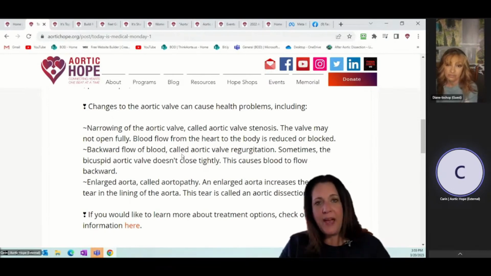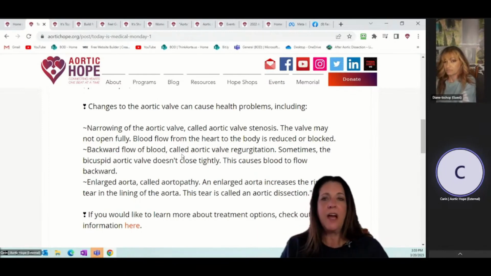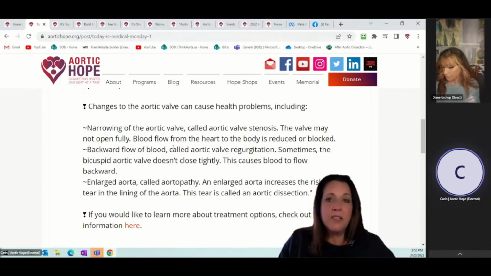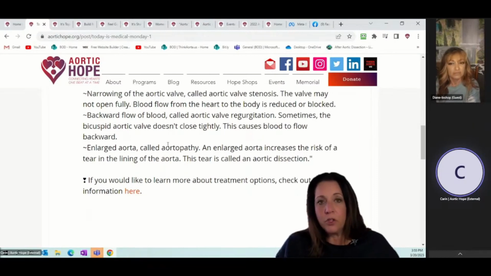So sometimes by having anything other than 3 cusps, it could cause narrowing of the aortic valve, which is called aortic valve stenosis. The valve doesn't actually open fully, and blood flow from the heart to the rest of the body becomes reduced or becomes blocked. There's also backward flow of blood, which is called aortic valve regurgitation.